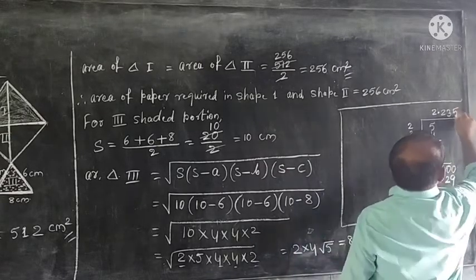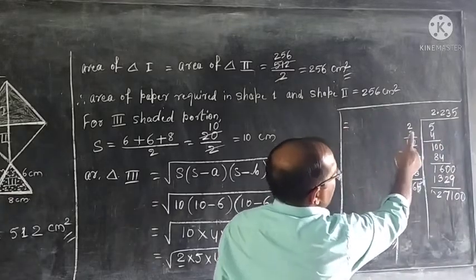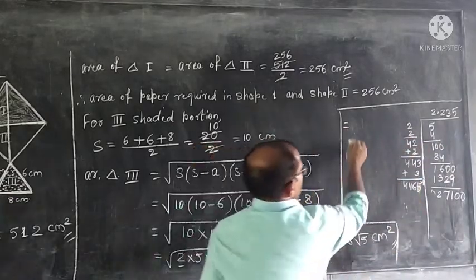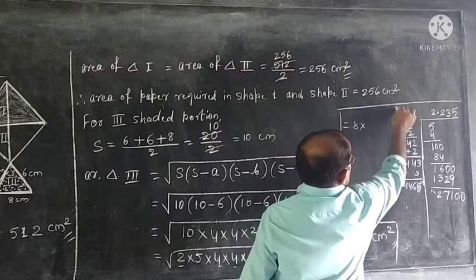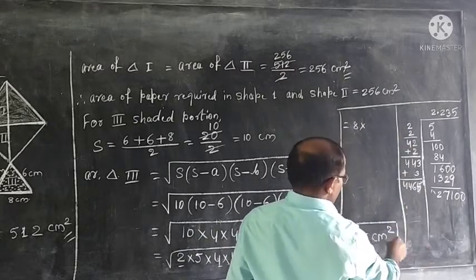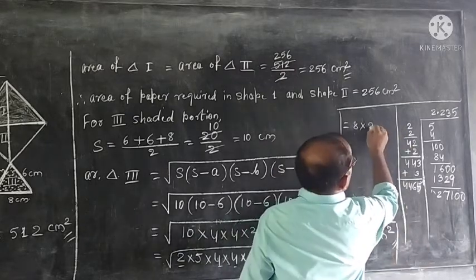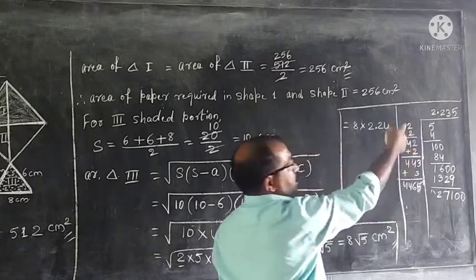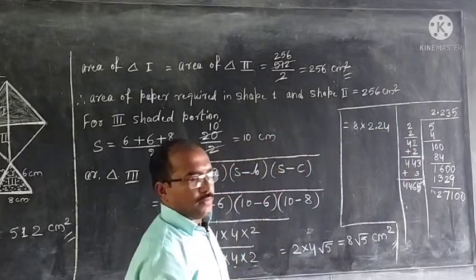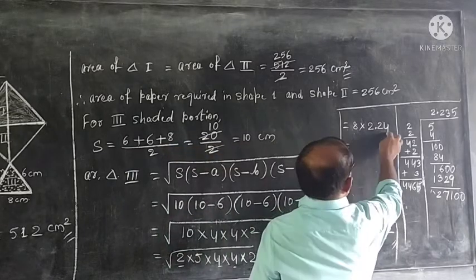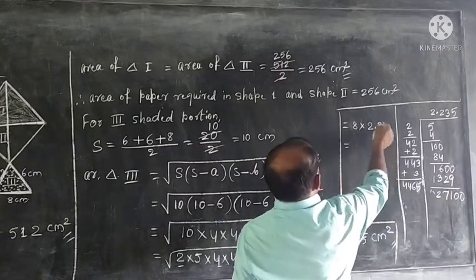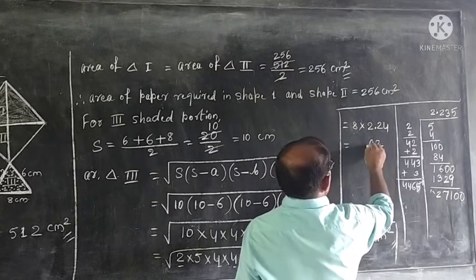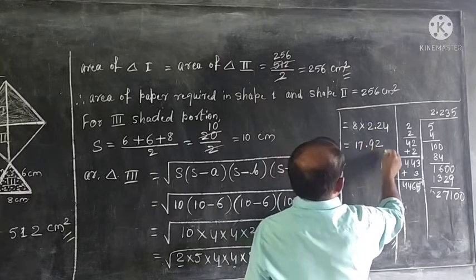So, let it be what we got, 2.235, and here it is 8 into root 5, that is 2.235. We will take up to the second digit because the third digit is 5, and then multiply. 8 4s are 32, 8 2s are 16, 3 19, 8 2s are 16, 1 17.